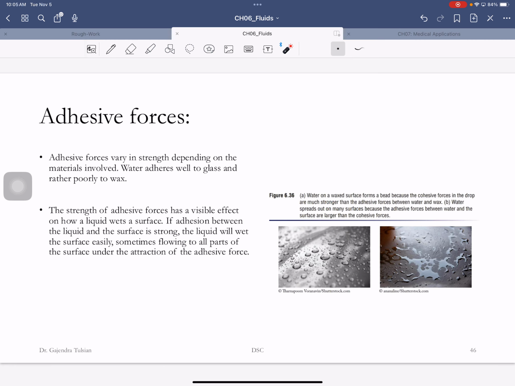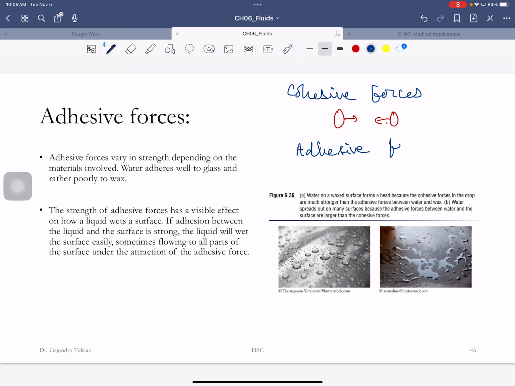Okay, now we'll talk about adhesive forces. Okay, so cohesive forces, again, to remind you, are forces between like molecules. And adhesive forces are forces between unlike molecules.